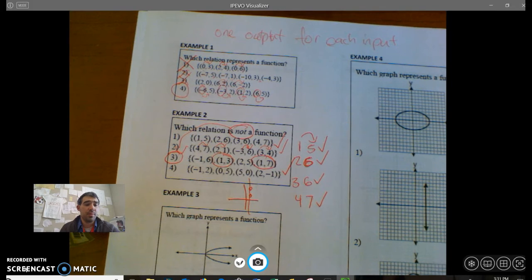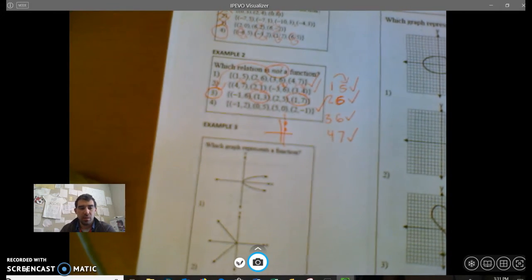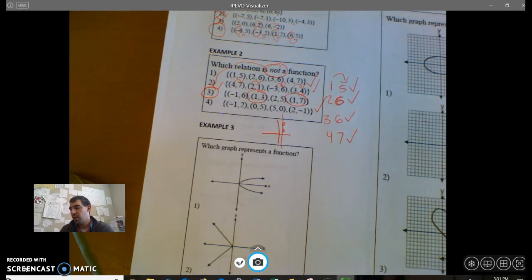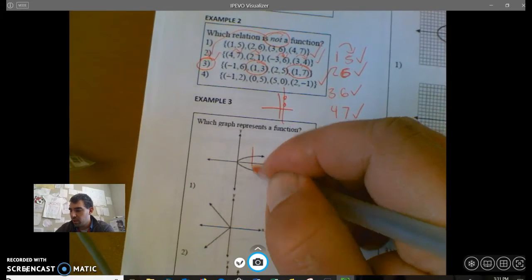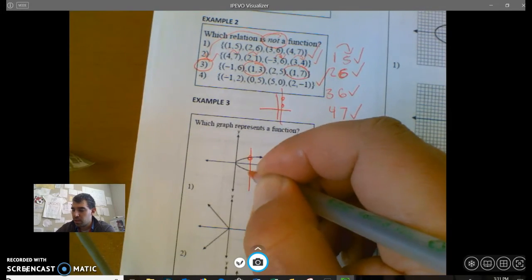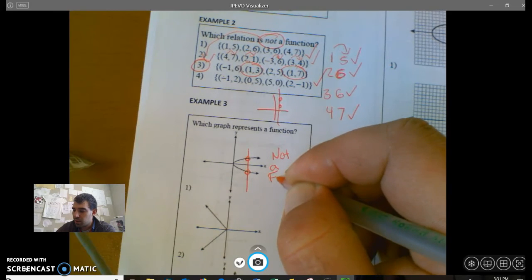The way we tell if something is a function by comparing a graph is we basically look at it and we draw vertical lines through them. And if we draw a vertical line, we say, well, will this cross at 2 points on the vertical line? In this case, it hits at 2 separate points. So this is not a function.